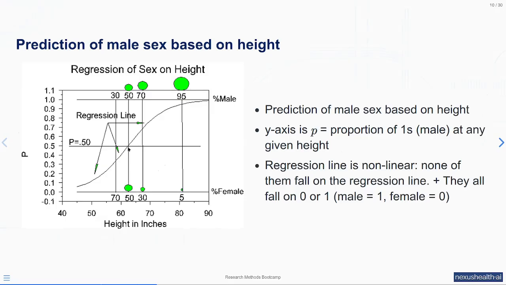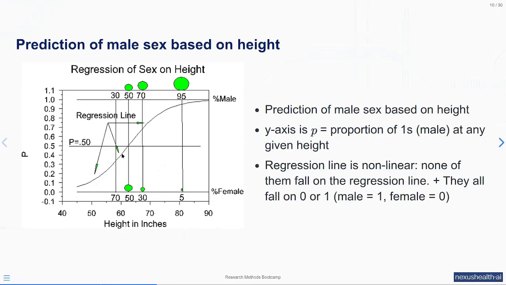So that's what this 50-50 here is representing. At this value of height, 70% are female and 30% are male. And so on. And at this point here, this value of height, 95% are male and only 5% are female. So when you draw the regression line, you discover that it is not linear.